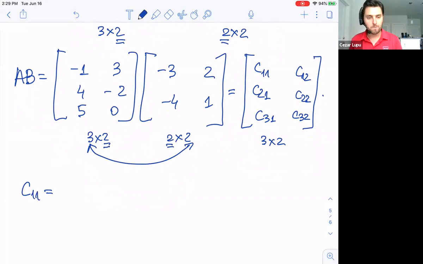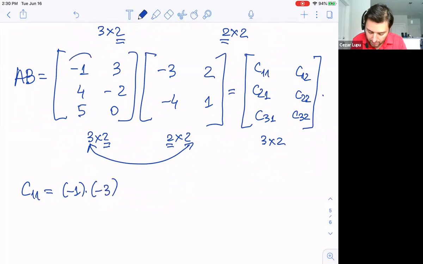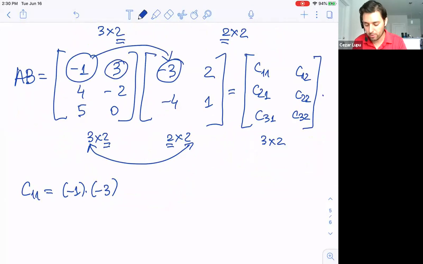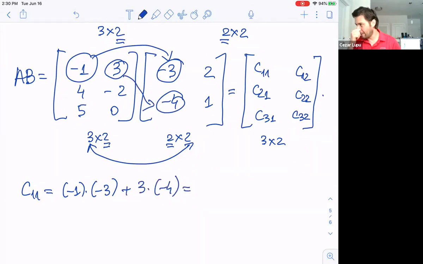It says multiply the elements from the first row from the first matrix with the elements from the first column from the second matrix. So you'll have -1 times -3. Look here, I take this and multiply by this, then I take the second element in the first row and multiply with the second element in the first column, plus 3 times -4. And this will be -9.